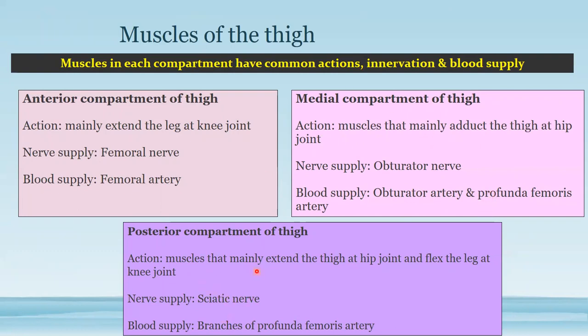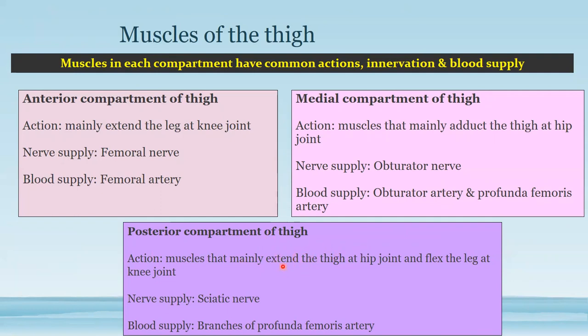While for the posterior compartment of the thigh, the action is mainly to extend the thigh at the hip joint and flex the leg at the knee joint. So when you describe the action of the muscles in each compartment, you have to mention extending the hip.